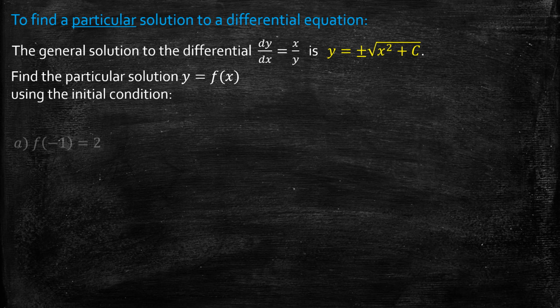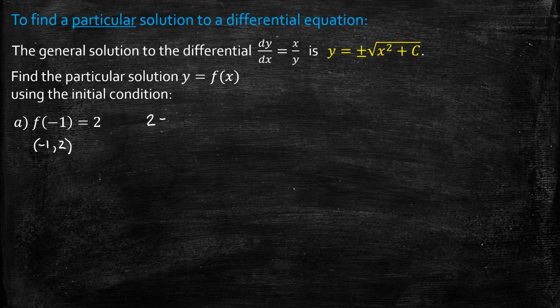So let's pretend that we know that f of -1 is equal to 2, which is the same as saying the point -1, 2 needs to be on the solution curve. So what will be the equation of the solution curve that goes through that? Well, you just plug in.